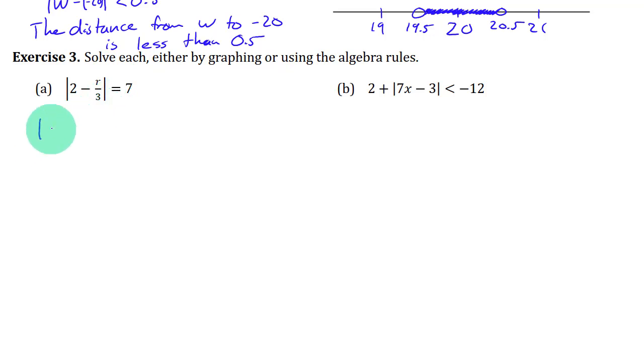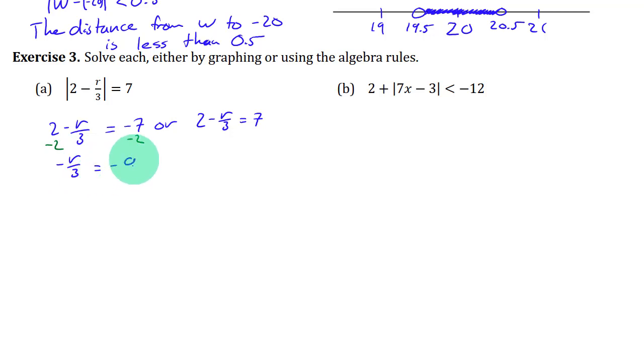So this one is going to be 2 minus r over 3 is, without the absolute value, 2 minus r thirds is equal to negative 7, or 2 minus r thirds is equal to 7. Let's see, I would subtract 2 from both sides. I'd multiply both sides by negative 3 to cancel out that divided by 3, and the negative will cancel out there.